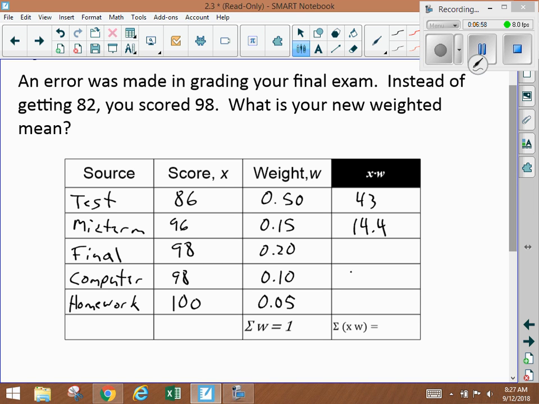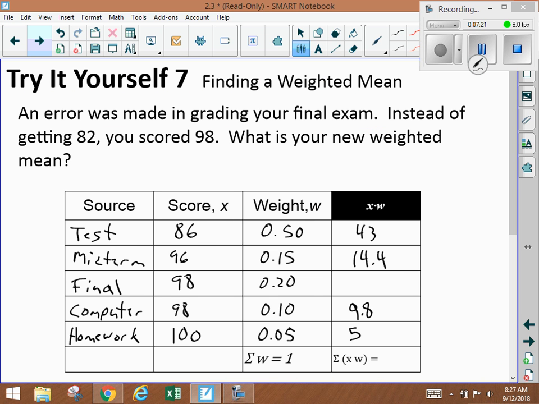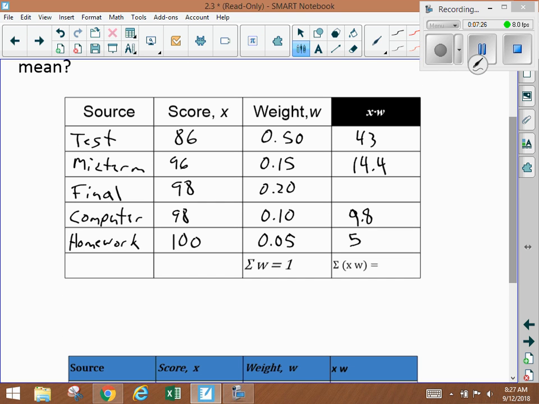Okay, now we need to recalculate this. You got 91 point something.